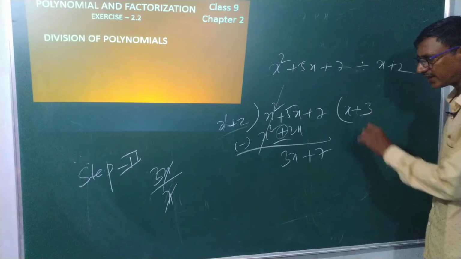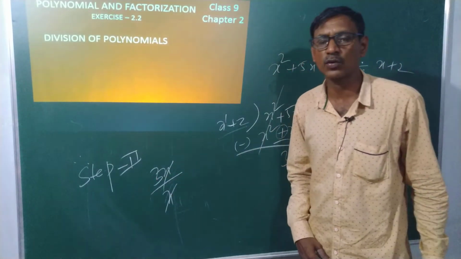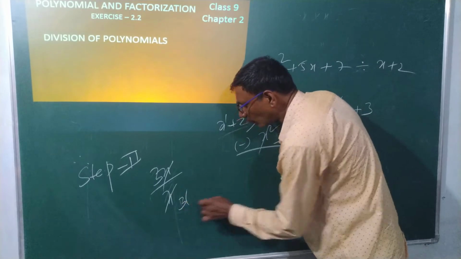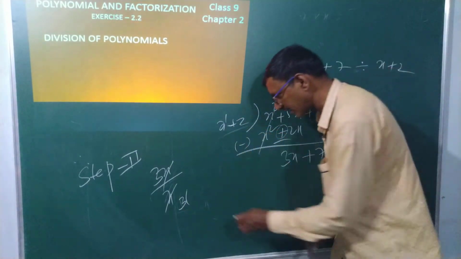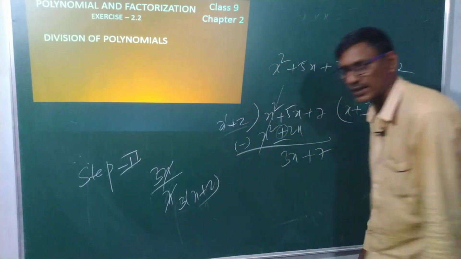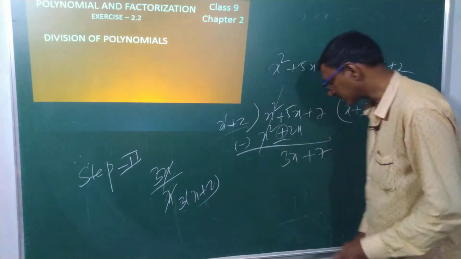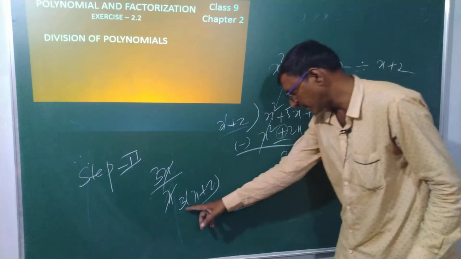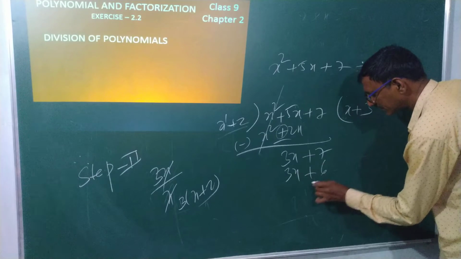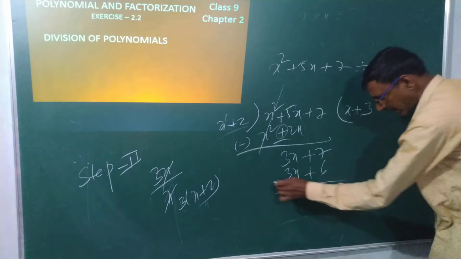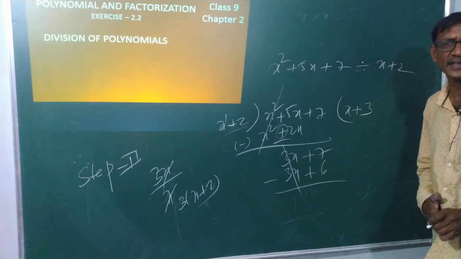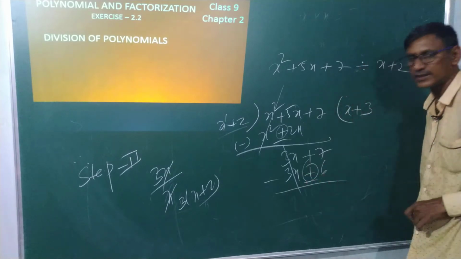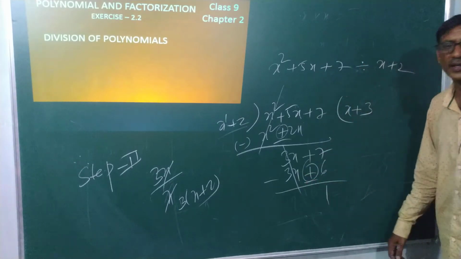Here we get 3 because my coefficient is 3. The coefficient should be multiplied with x plus 2. Same procedure. 3 into x, 3x. 3 twos are 6. Again by subtracting, these two get cancelled. And minus 1 is the remainder.